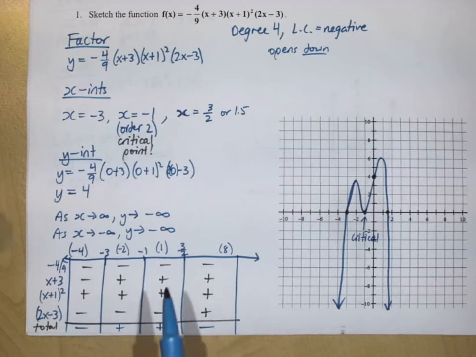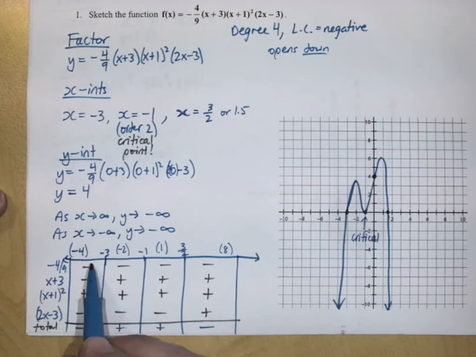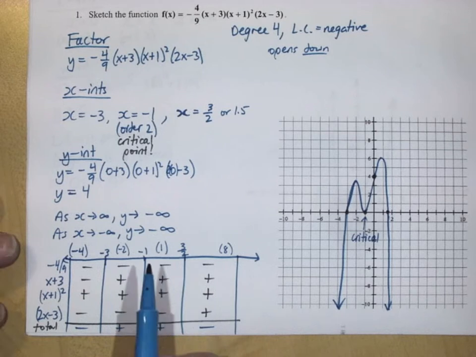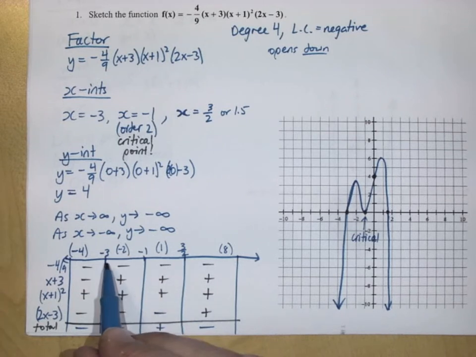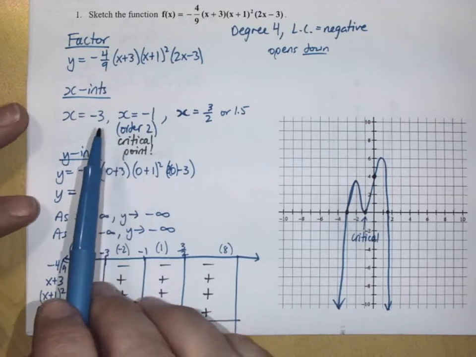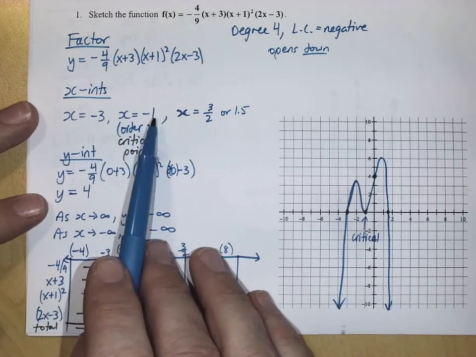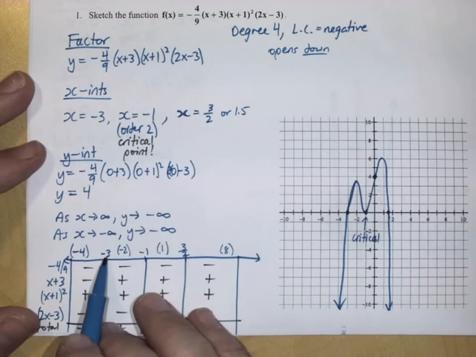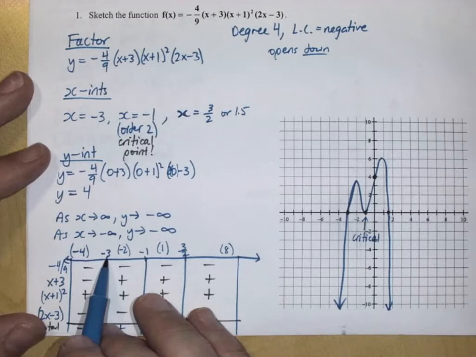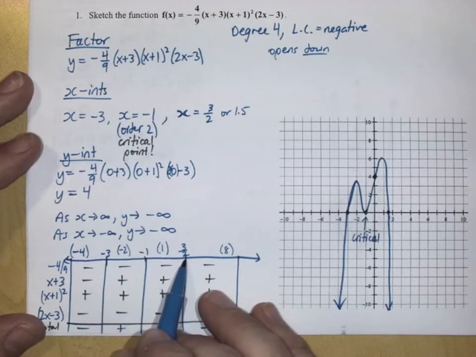So we've written all the factors down, and then on a number line across the top, we are going to write all of the roots, or the x-intercepts that we calculated. There's one at -3, -1, and 3/2. So you'll notice that I've separated this number line up into -3, -1, and 3/2.